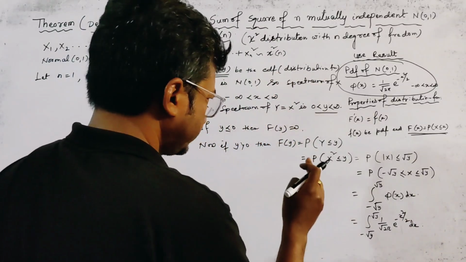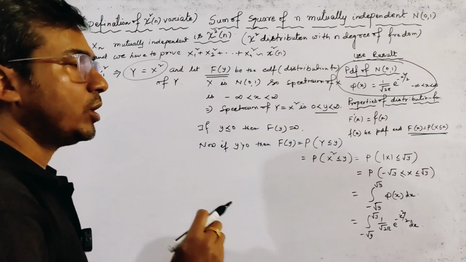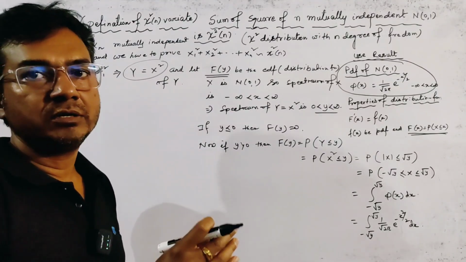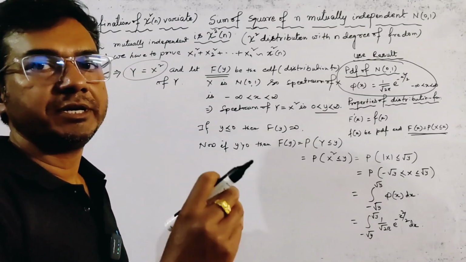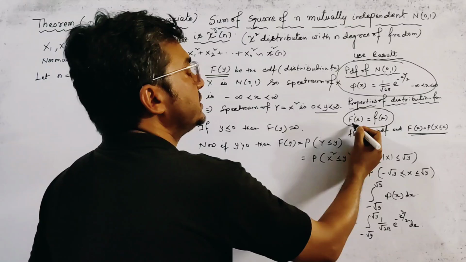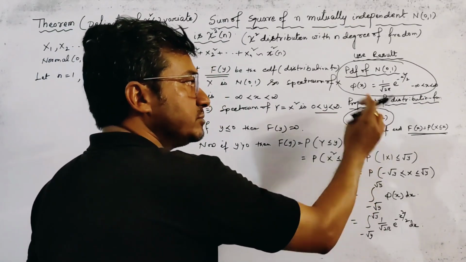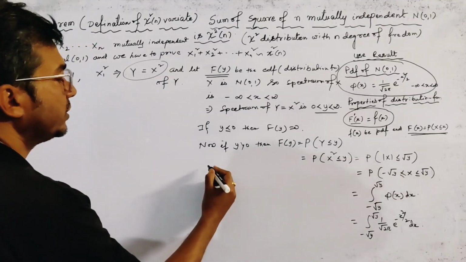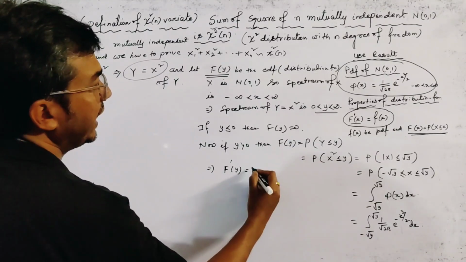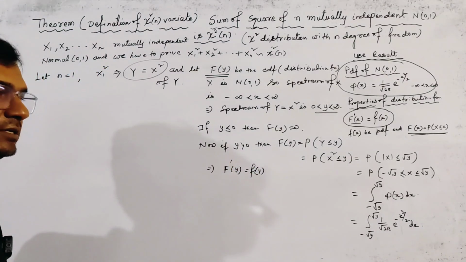And also we use here an important property of CDF and PDF, that is the relation between distribution function and probability density function. This is the distribution function, and its derivative becomes the PDF. So we must differentiate F of y, F dash y, to get f of y, the PDF of y.